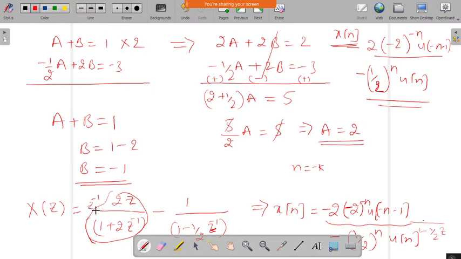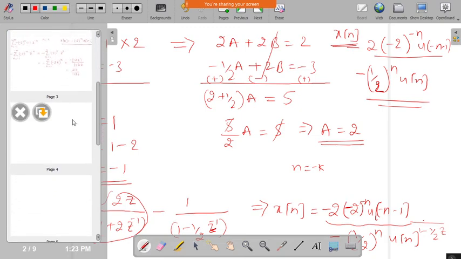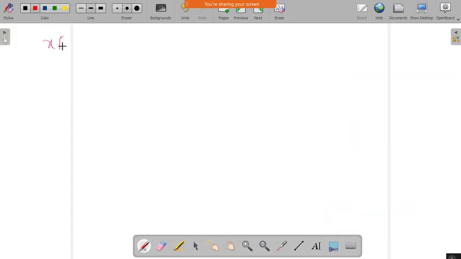You just multiply this signal with the shifted version. So now x of n, we can write it as minus 2 into minus 2 power minus n into u of minus n minus 1 minus half power n into u of n.